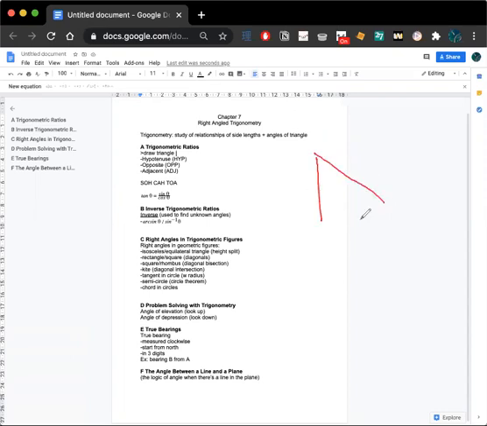So in a triangle, there's usually 3 sides, right? And if it's a right angle triangle, aka 90-degree triangle, and if there's an angle right here, the longest side of the triangle is usually called the hypotenuse.